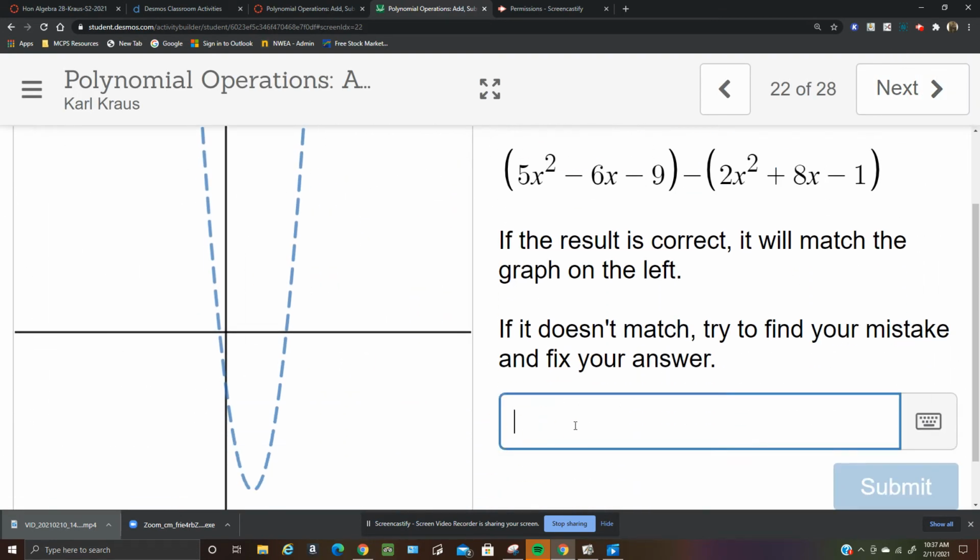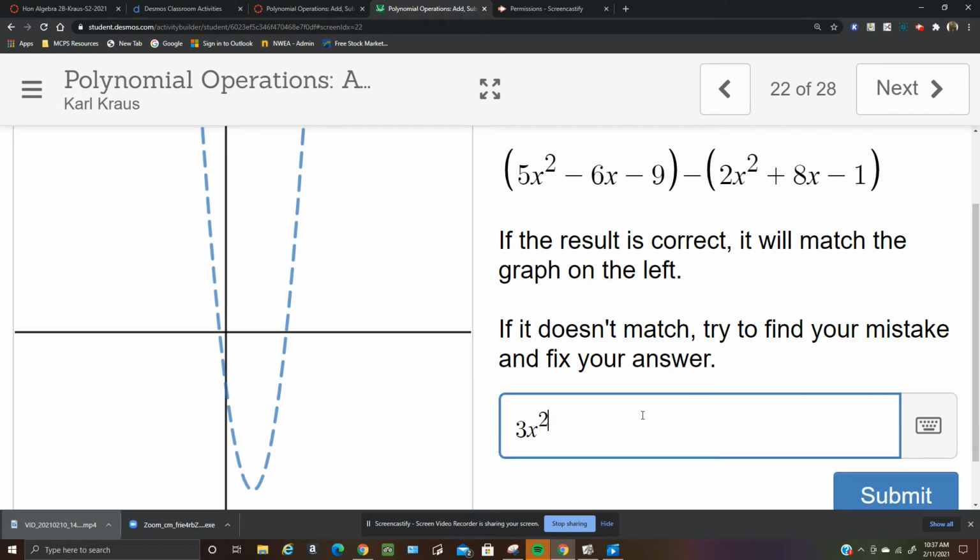And here, 5x squared minus 2x squared is 3x squared. Minus 14x. Negative 9 plus 1 is negative 8.